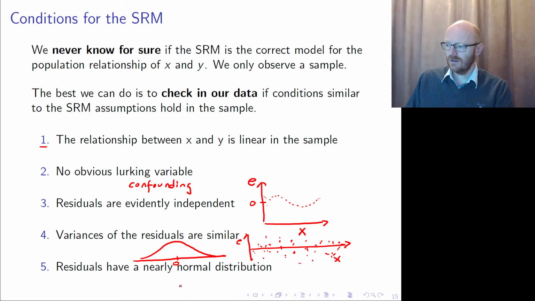Then if you want to make a prediction interval, if the residuals are normally distributed, then you can make a prediction interval based on the fact that the error is normally distributed.